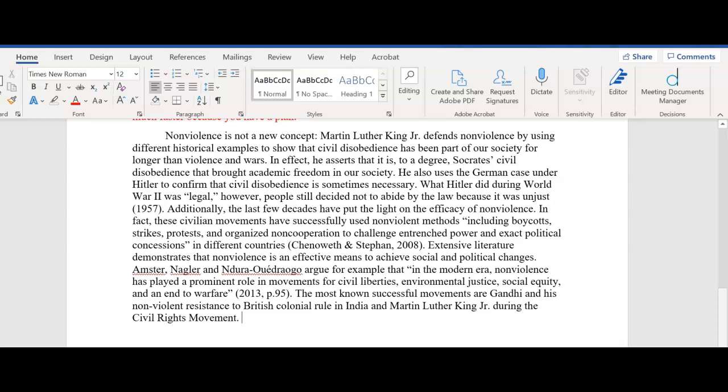The authors argue, for example, that in the modern era, nonviolence has played a prominent role in movements for civil liberties, environmental justice, social equity, and an end to warfare. The most known successful movements are Gandhi and his nonviolent resistance to British colonial rule in India, and Martin Luther King Jr. during the civil rights movement.